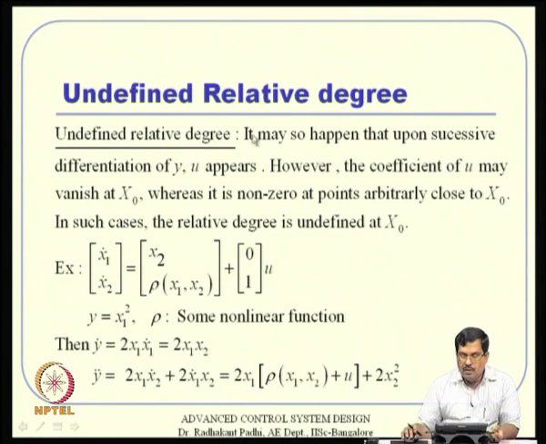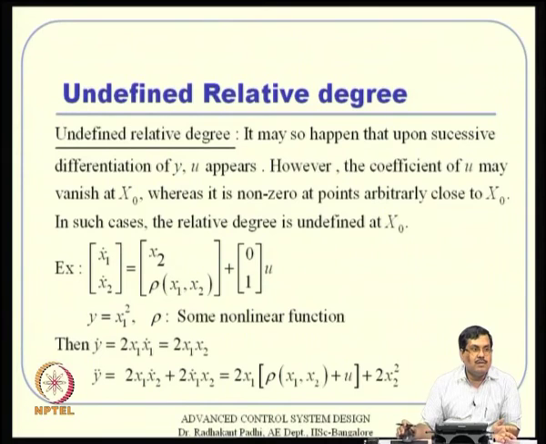Undefined relative degree is something like this. It may so happen that upon successive differentiation of y, u appears, but the coefficient of u may vanish at some point x 0 in the domain. The coefficient has an expression, but that expression goes to 0 at some point x 0 in the domain.